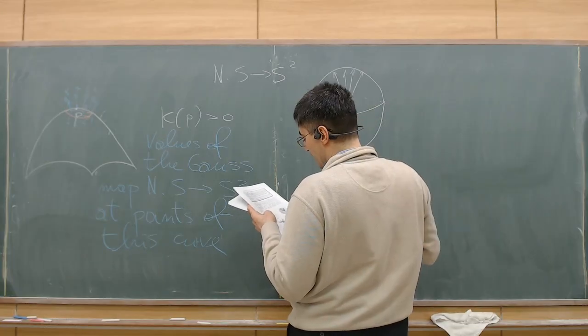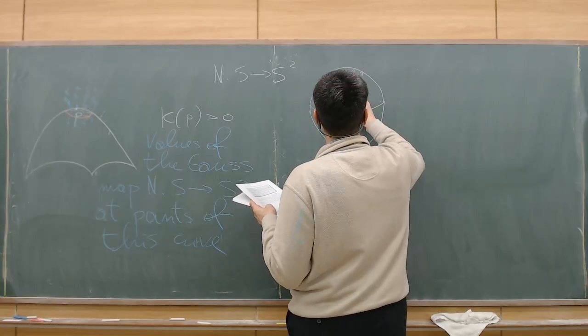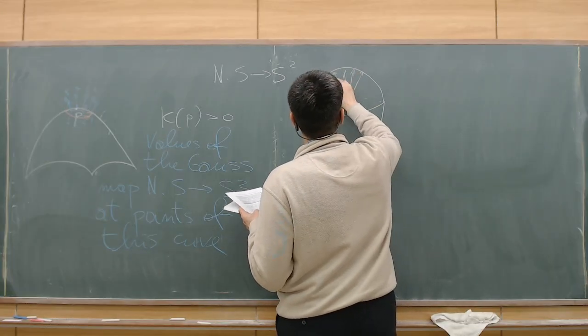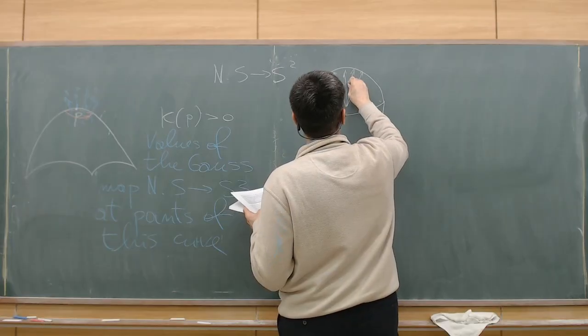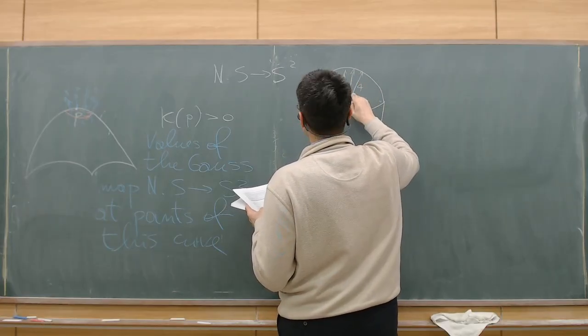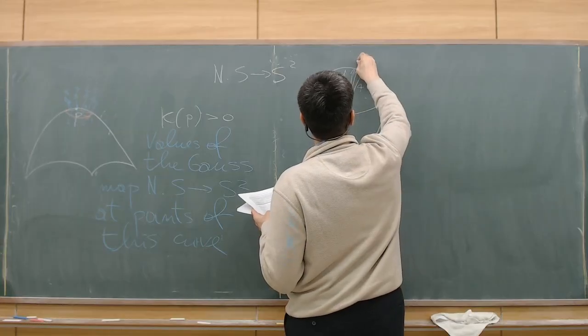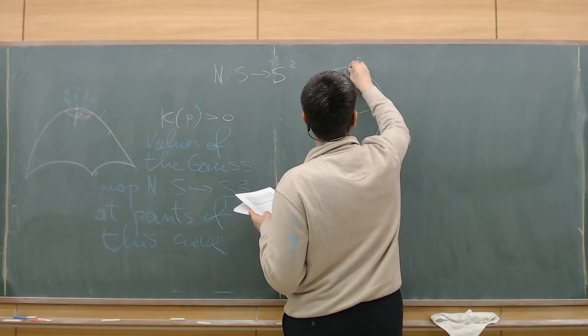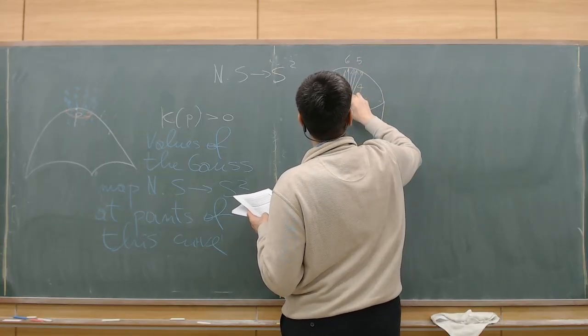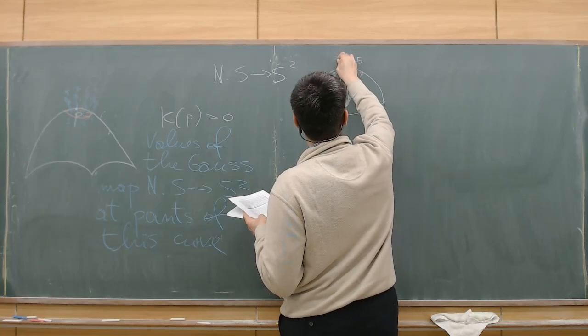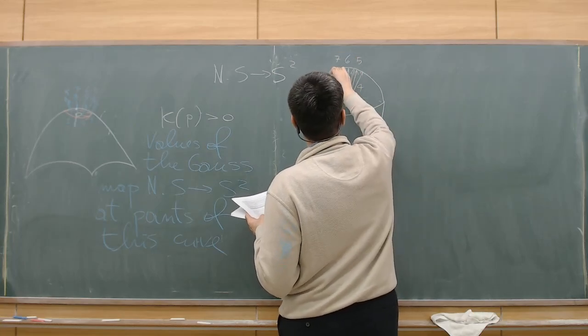Now there are too many arrows, so this is 1, 2, 3, 4, 5, 6, 7, and 8.